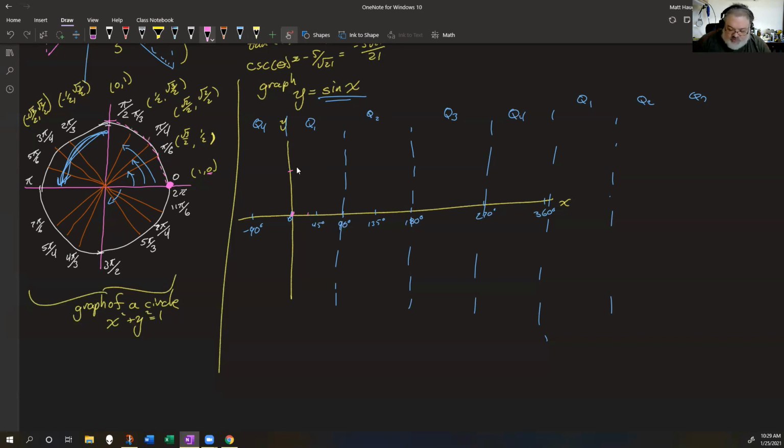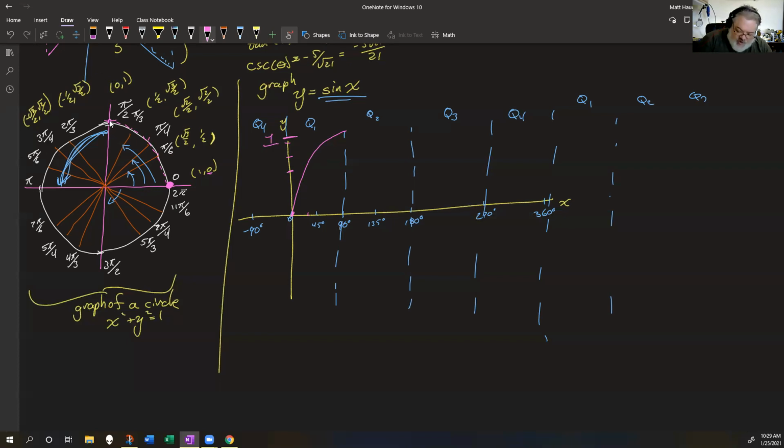Now, square root of 2 over 2 is about 0.7. Square root of 3 over 2 is almost 0.9. So it kind of goes up quickly and then levels off to that 1. And that 1 is the highest y value that's going to occur. Fair? So the sine of any angle is never going to be bigger than 1. It's kind of trapped there.